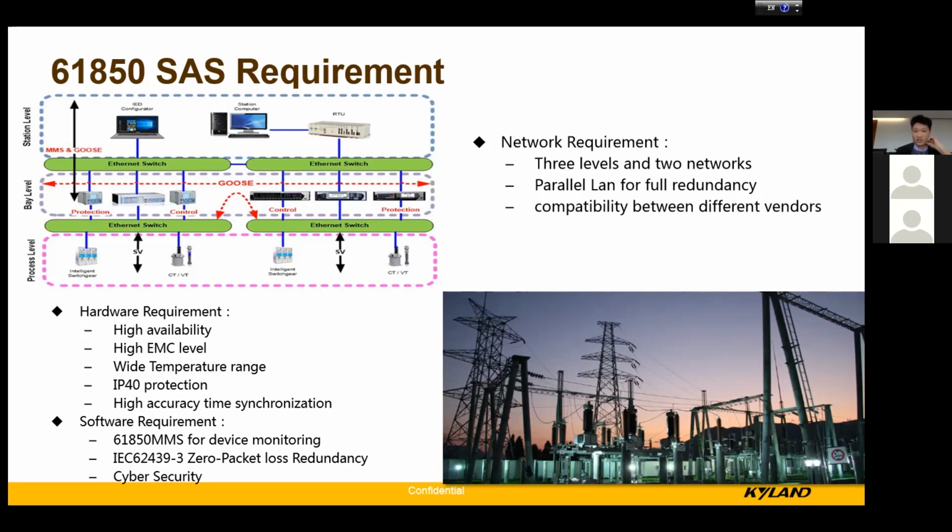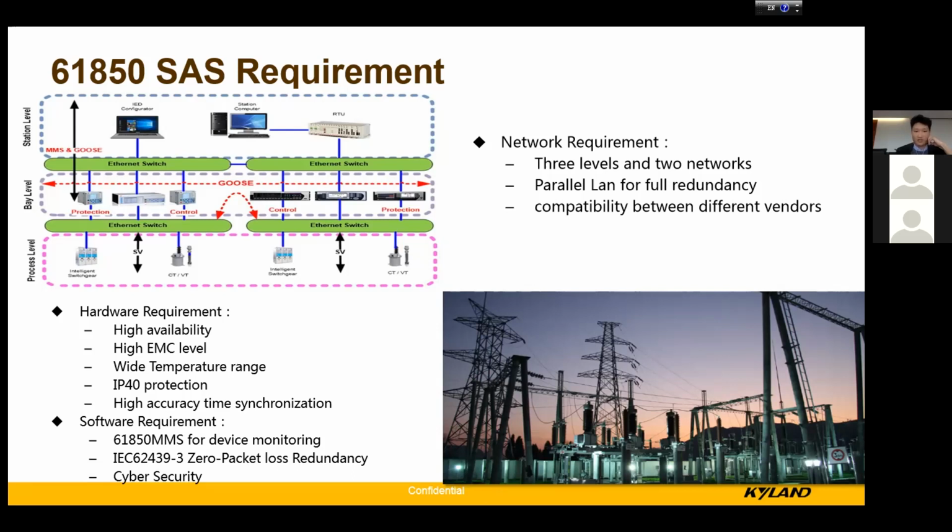And also, the devices need to operate at wide temperature range. And also IP40 protection should be essential in the substation. And also the devices need high accuracy time synchronization based on IRIG-B and PTP.